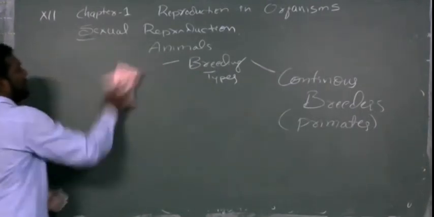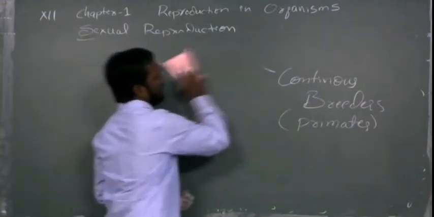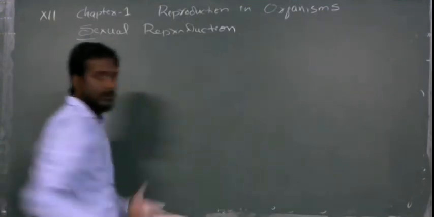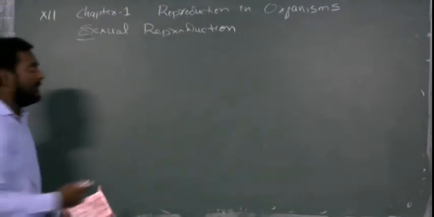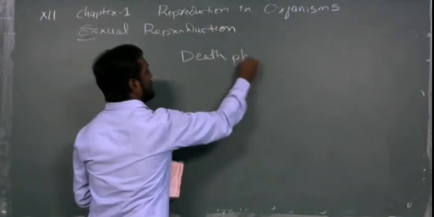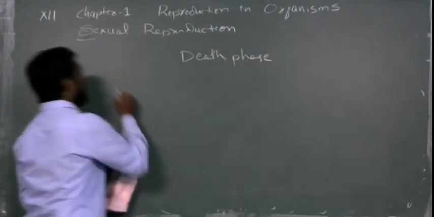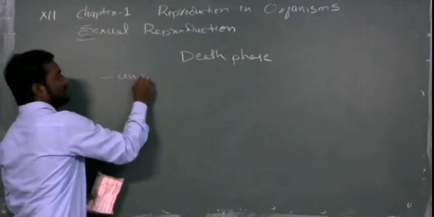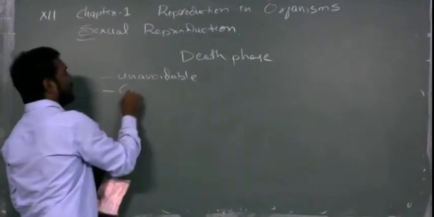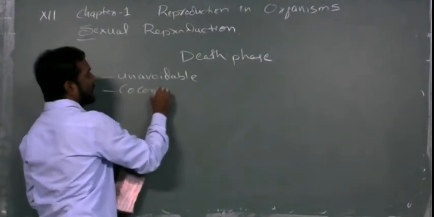If you see for animals and plants, the last stage after the reproductive phase, the unavoidable stage, is the death phase. What is this phase? It is unavoidable, it is concomitant.